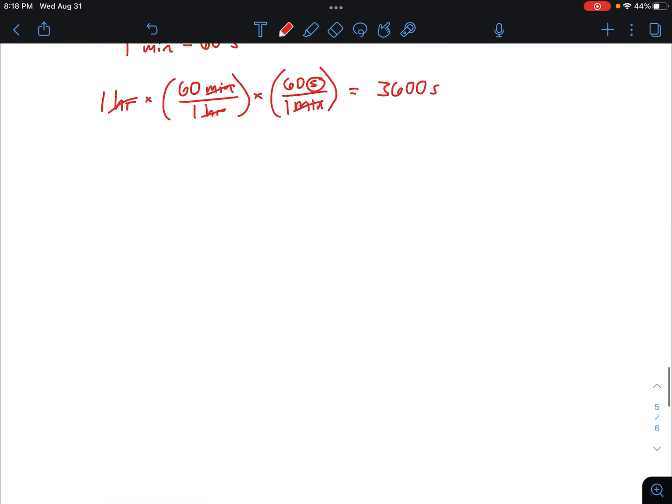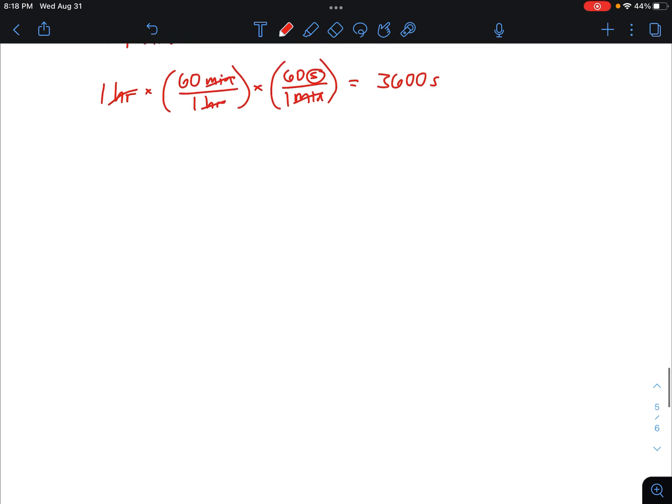All right, so let's do one more, and let's take a unit of density. Let's say we've got 1.1 gram per cubic centimeter.